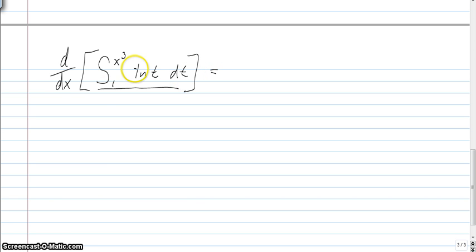We'd have to know the antiderivative of the natural log of t, which you can get if you know how to do integration by parts.